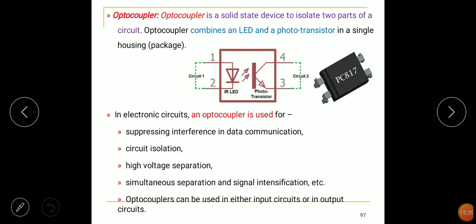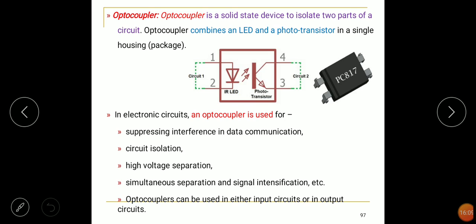From the LED to the transistor there is no electrical connection, so isolation is there. This circuit is used for applications such as suppressing interference in data communication, circuit isolation, high voltage separation, signal intensification, etc.